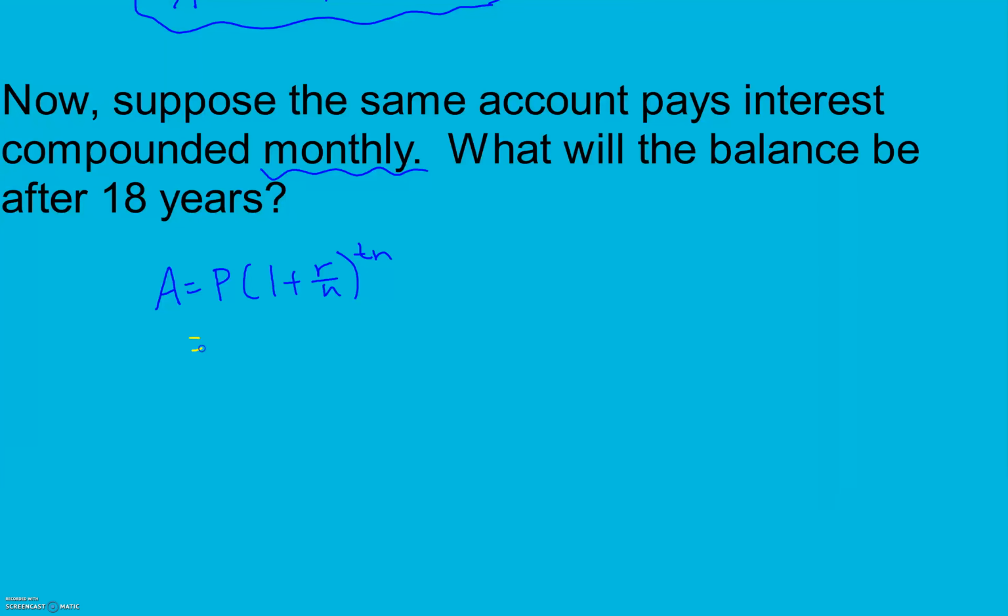Our original amount was 2,000. Our interest rate was 0.045, 4.5%, divided by monthly here, though, is going to give me 12 times per year, 12 months in a year. So as far as my time goes, I take that 12 times the number of years, 18.